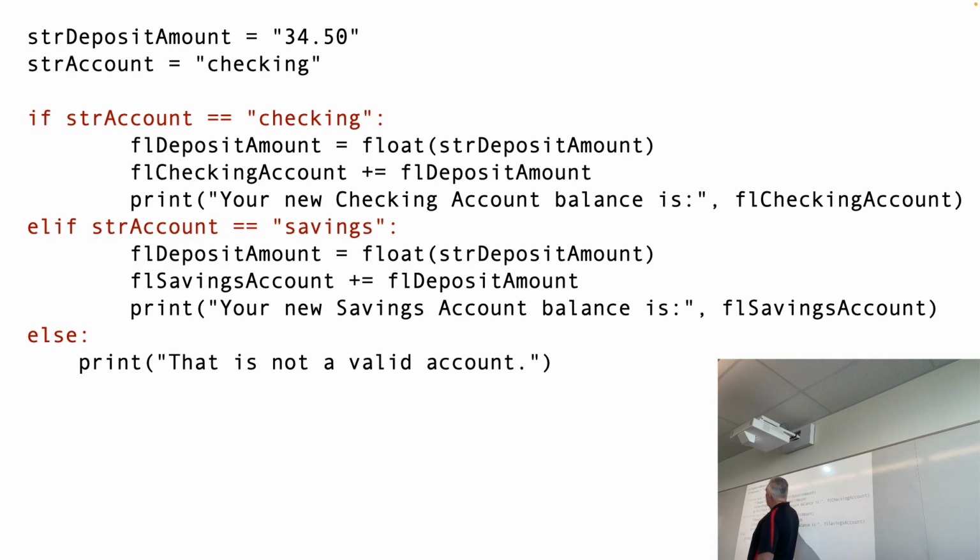But we have a deposit amount and an account. And using those, we can go into this if else structure where we use the account and the amount to figure out the deposit and all of that. That's fine for two accounts. It doesn't look too scary or too complicated. But the problem is, what would this look like if we had 100 accounts or 1,000 accounts?